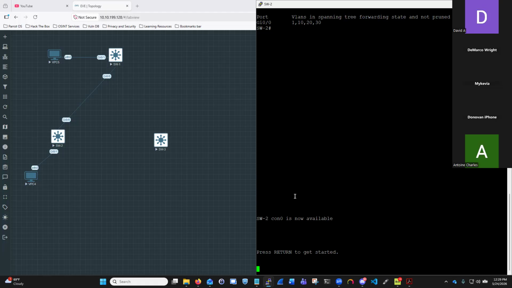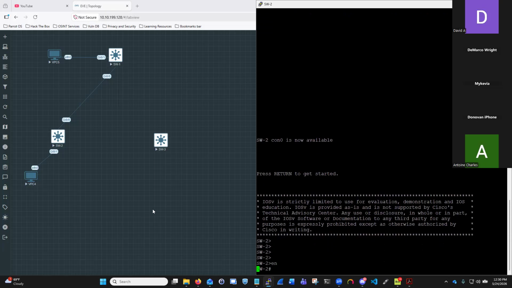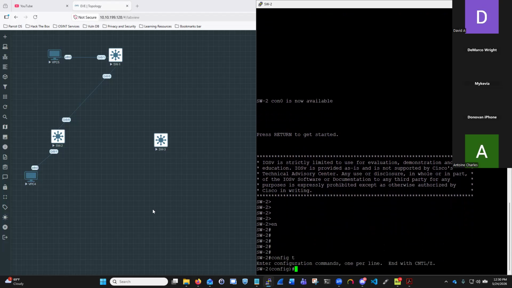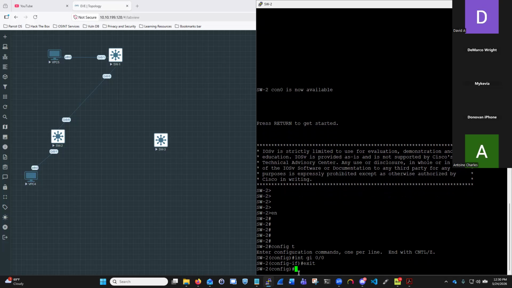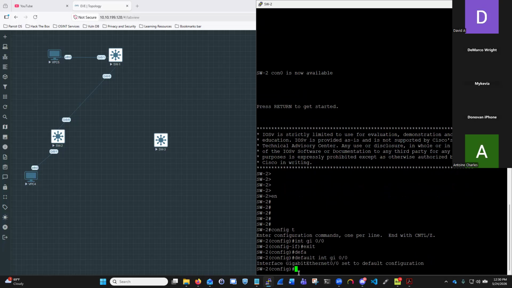So how does that work? Let's do it. We are going to wipe that configuration off of our trunk interface, and let's try to implement dynamic trunking.